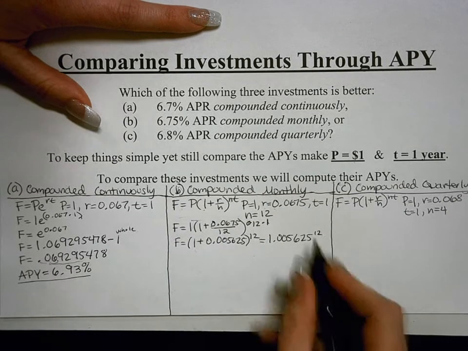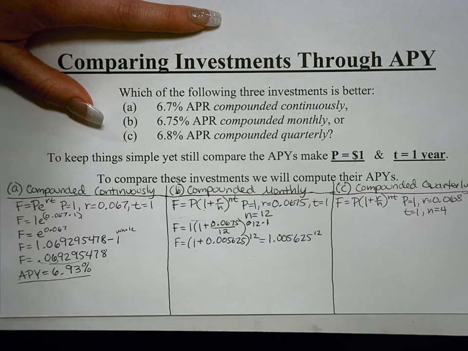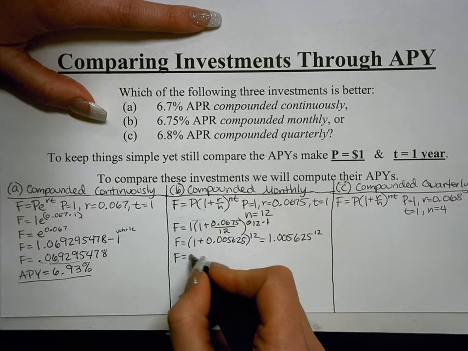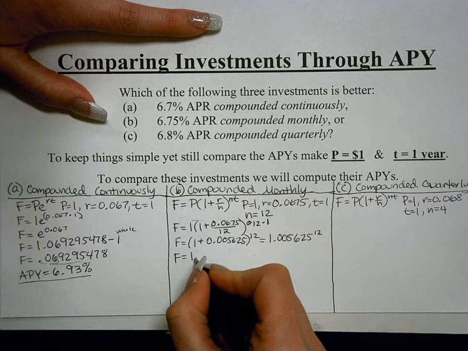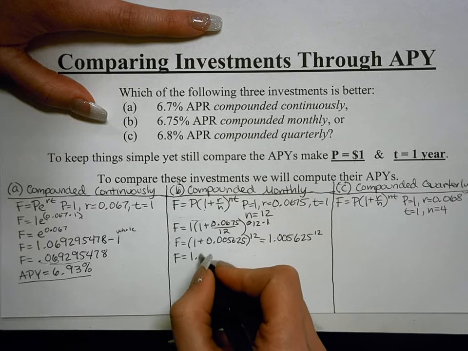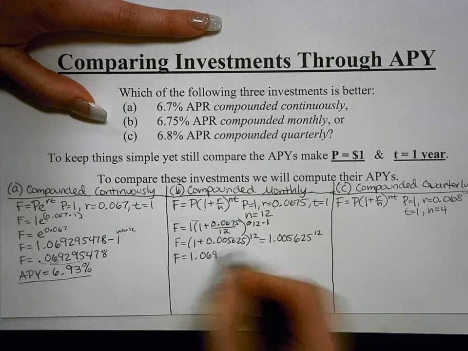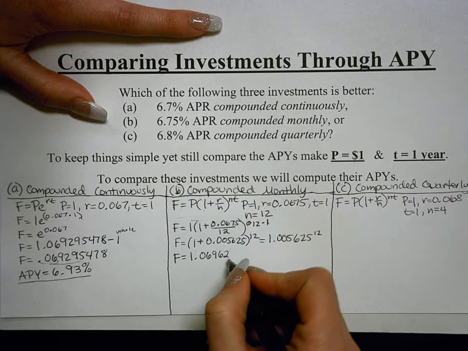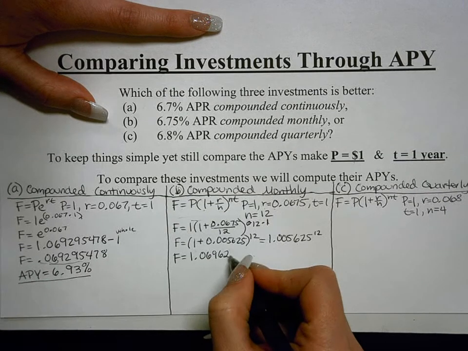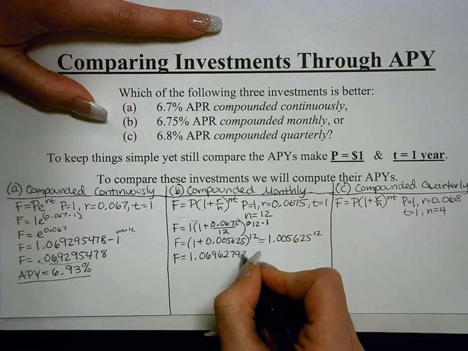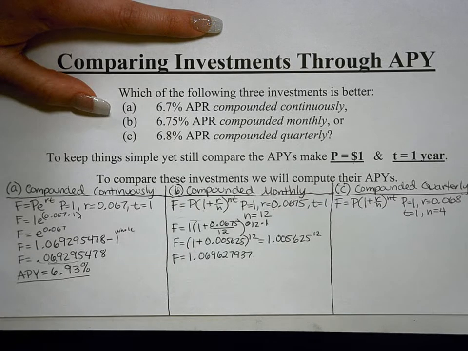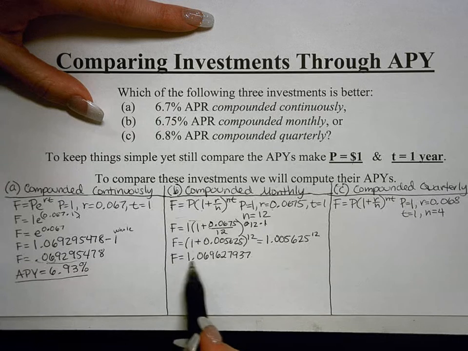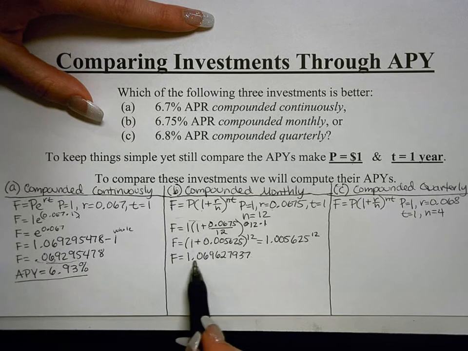Now, when we raise this to the 12th power, what we end up getting is 1.069627937. So this is our whole. This is like a percent increase. Our APY is here.